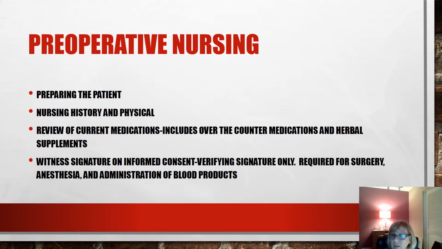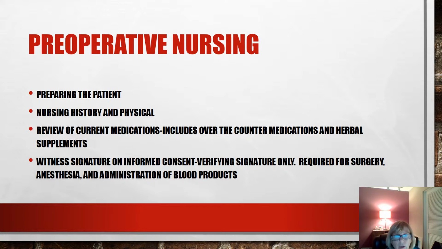Primarily, this is to give us a good idea of some of their background, again, to set a baseline for us. One of the things that we really want to talk to them about are some of their over-the-counter medications and herbal supplements that they take, because some of those can thin their blood, make them more prone to bleeding, or cause other potential problems.